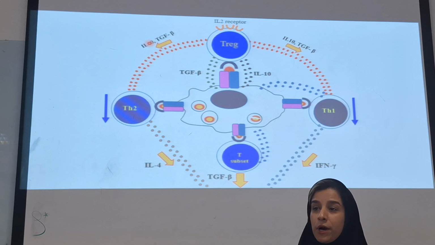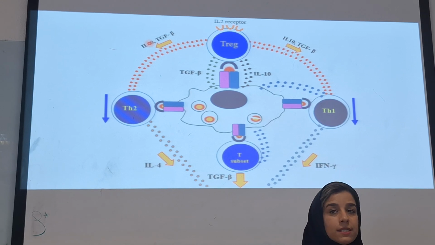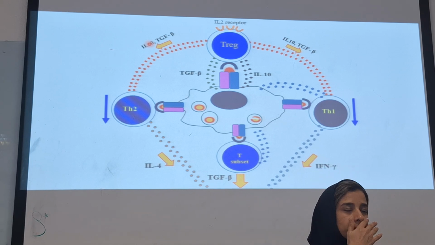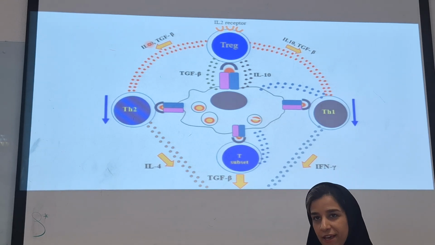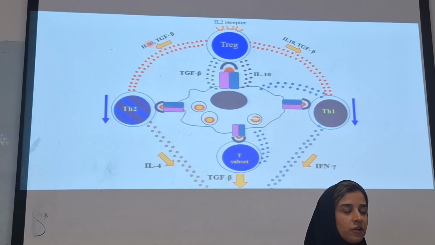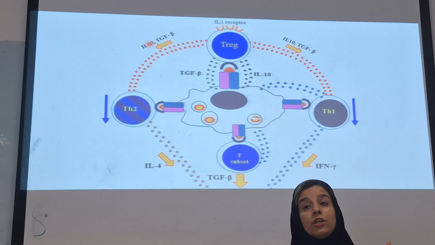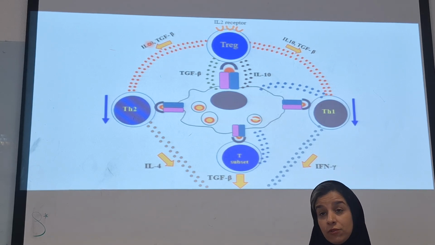So to inhibit this effect, our immune system usually differentiates CD4 positive cells or T helper cells to T regulatory cells.